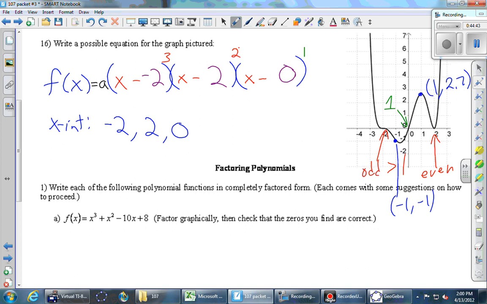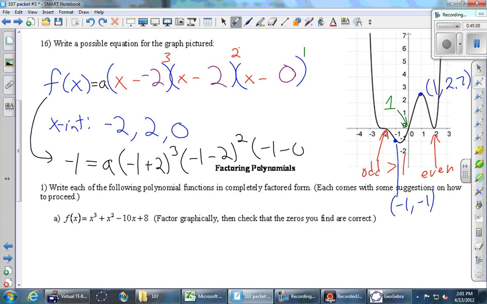Now what we're going to do is pick the value of A that makes the thing hit the point -1, -1. So instead of the left-hand side, what are we putting for the Y value? -1, equals some A, which I don't know, times how much is x at that point? Negative 1. So I got negative 1 plus 2 cubed, negative 1 minus 2 squared, negative 1 minus 0 to the first.